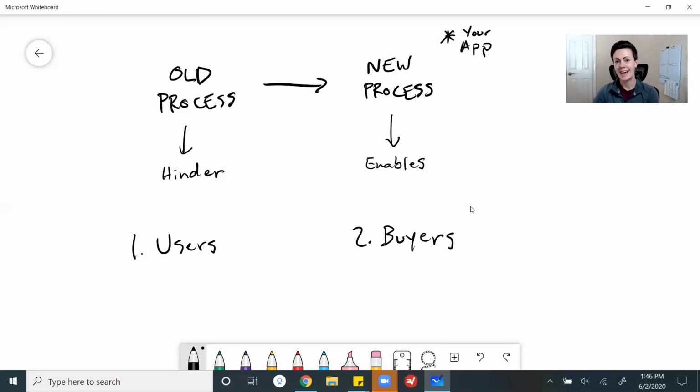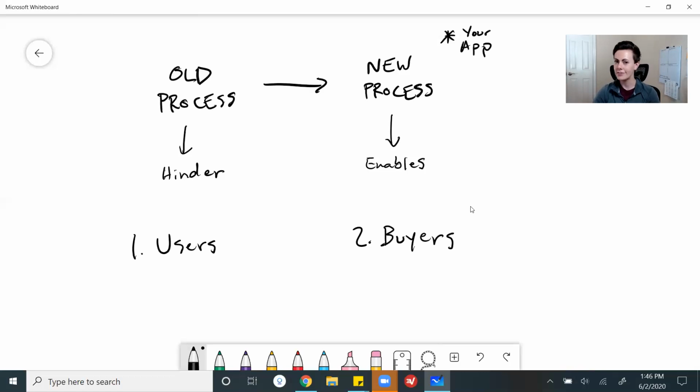They might be the ones actually hands-on using the app on a daily basis. But your buyers could be the CEO. It could be the business owner. It could be the person above that HR manager. Whoever it is, your buyer and your user would be two different people.